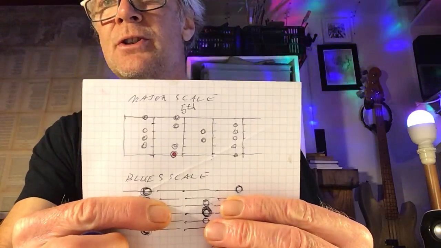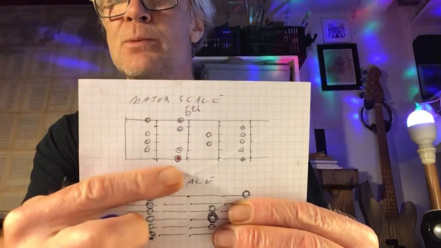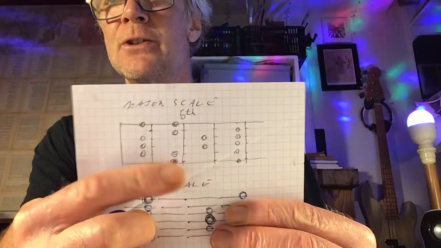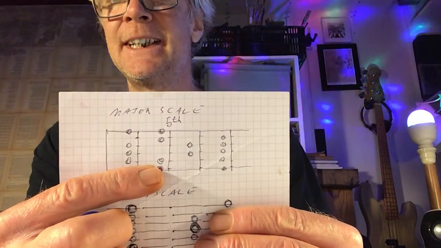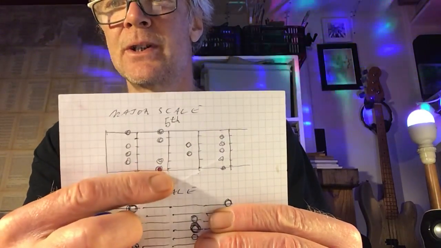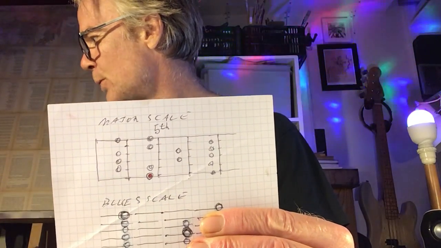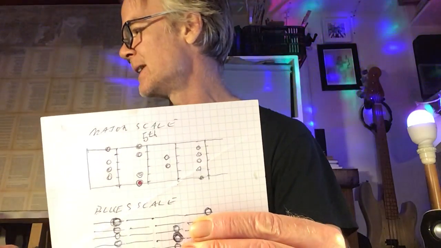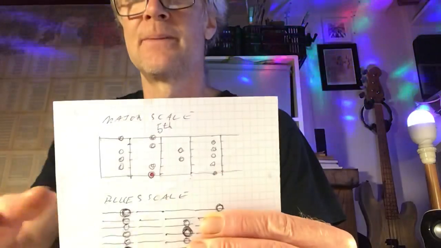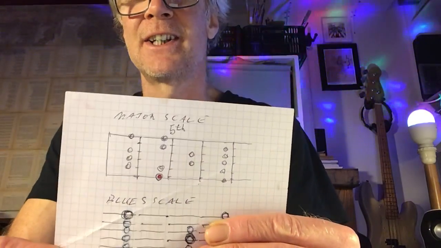Here's a major scale. This would be the root note, the note that you're starting on. If this were a C major scale, this would be a C note, which on the guitar would be on the 6th string on the 8th fret. And we're going to demonstrate that in a second.